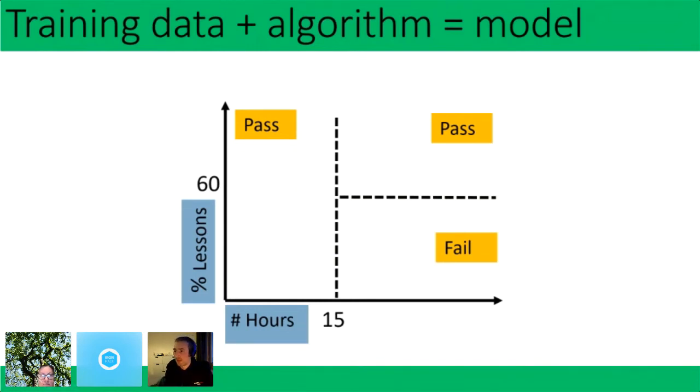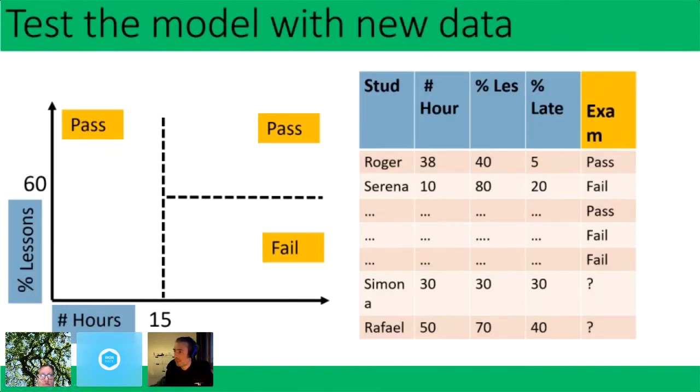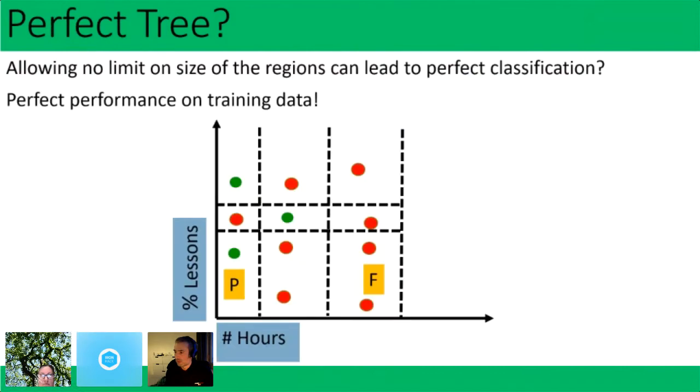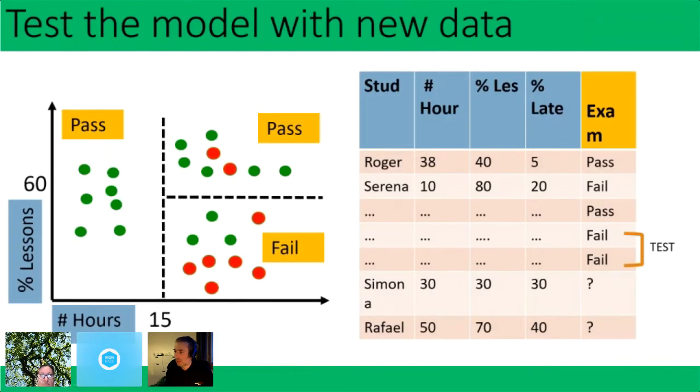And now we can use the other part of the data to test the algorithm. So in this example, you see these are new data, which have not been used by the algorithm to make the model.